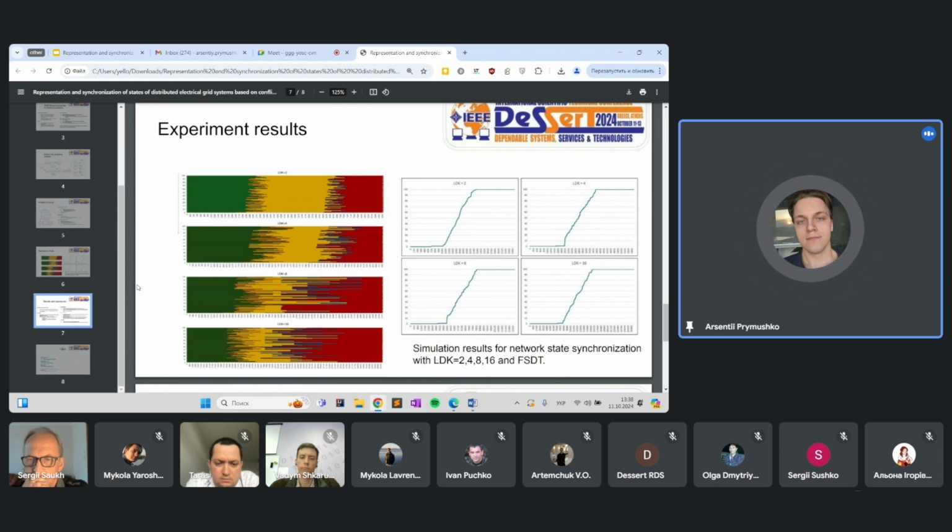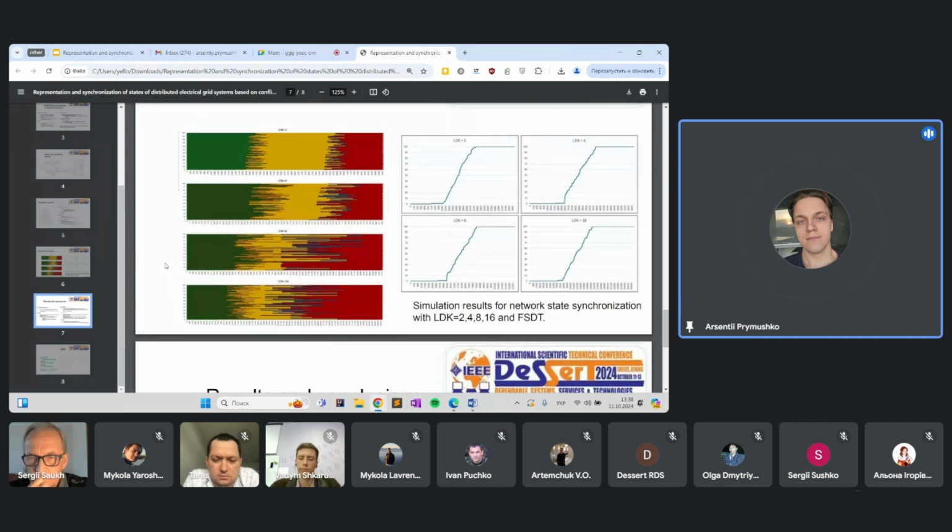So this allows us to model some power losses, some network communication issues, etc. At the left, you can see how message distribution within the electrical grid with corresponding LDK works. And at the right, we can see results for network state synchronization with different LDKs. Within this actual work, we had several interesting observations.